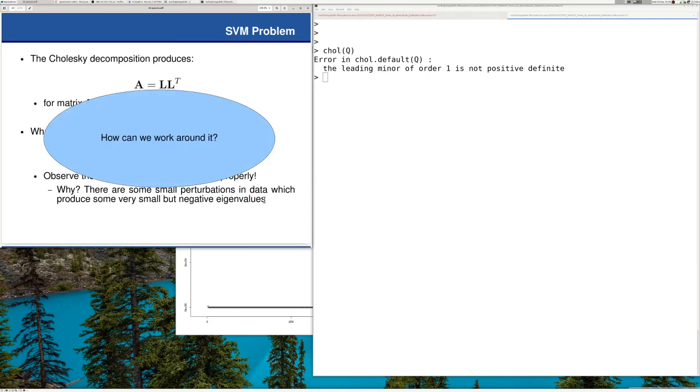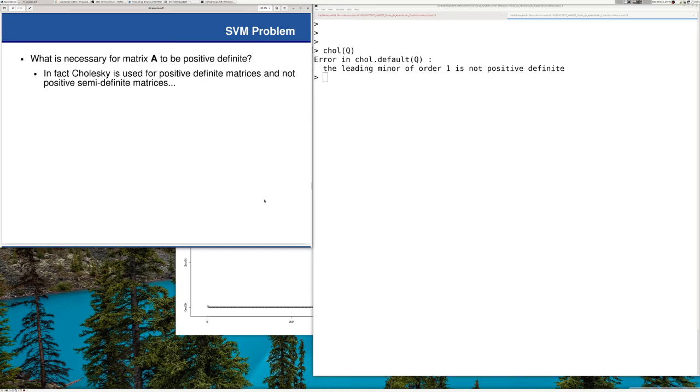What can I do? What could I do to work around this? There is a solution. In fact, the Cholesky decomposition requires positive definite matrices. That means alpha transposed Q alpha is greater than 0, not greater or equal to 0, but greater than 0.